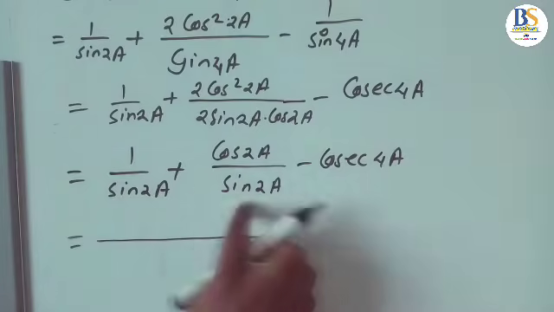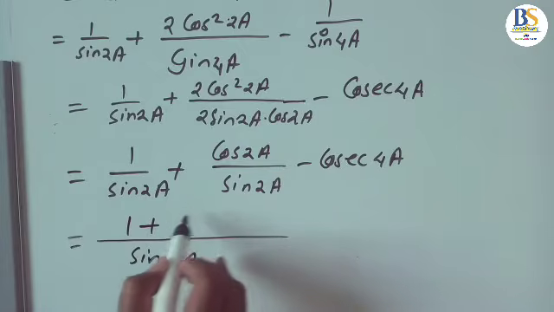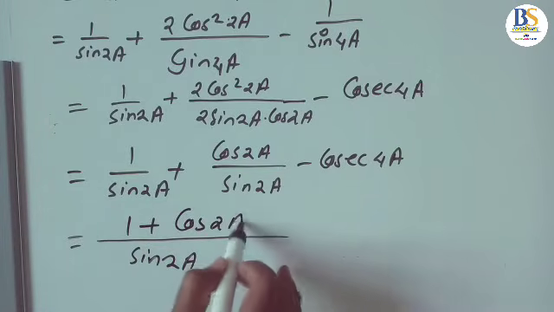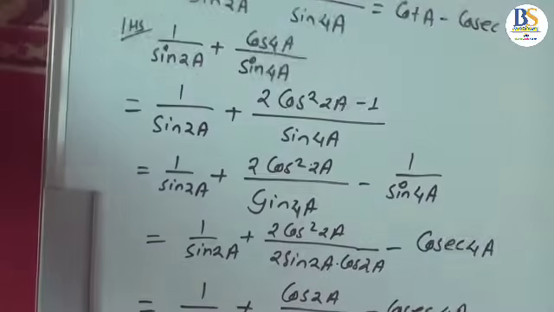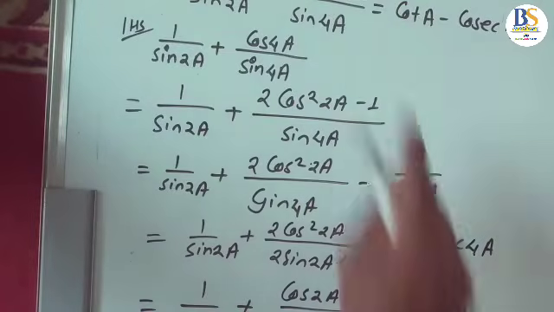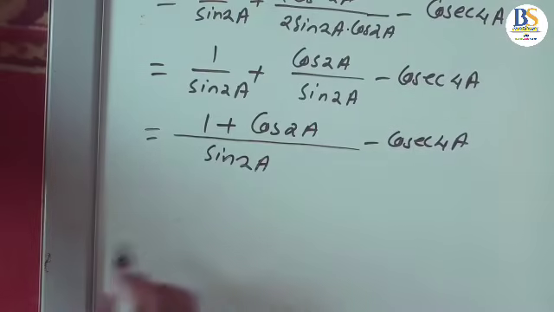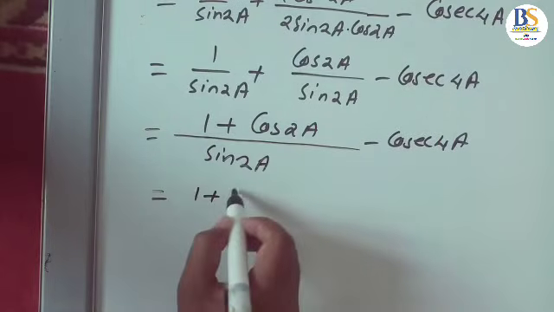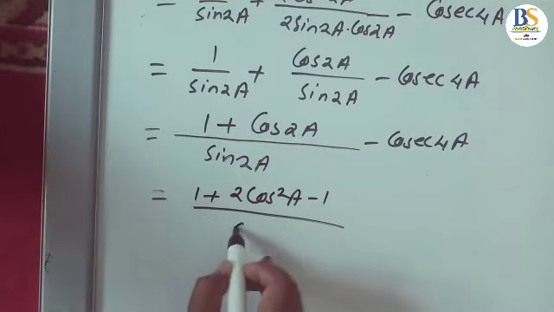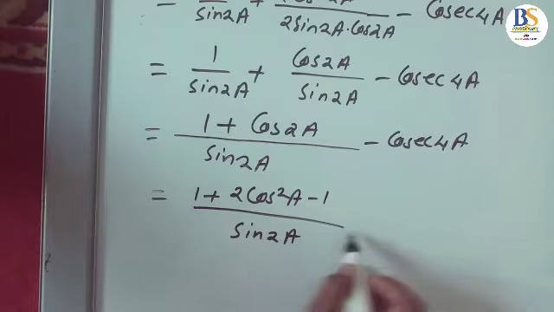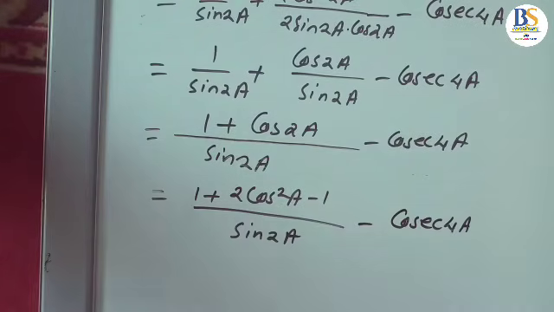Then the LCM of these two fractions is sin 2a: 1 plus cos 2a, minus cosec 4a. Okay, there is cot a on the RHS, meaning we have to express this cos 2a in terms of cos a. There is 1 plus 2 cos square a minus 1 upon sin 2a minus cosec 4a.